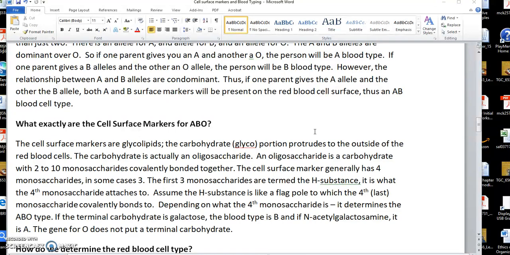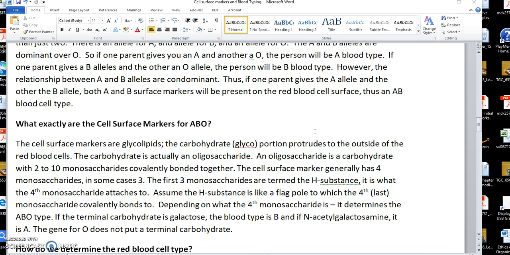In this case, though, they're generally 4 bonded together. The first 3, which are attached to the lipid, remember this is a glycolipid, are called the H substance. The H substance is kind of like a flagpole, we'll say, to which you put the terminal carbohydrate. The terminal carbohydrate is what determines what your blood type is.